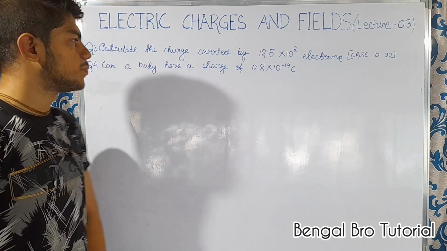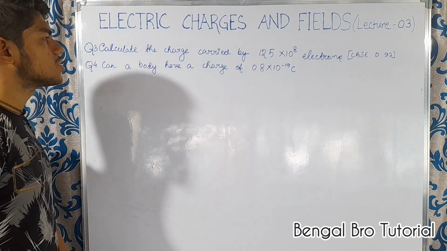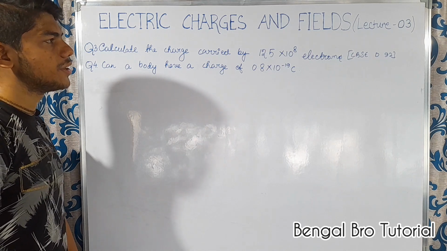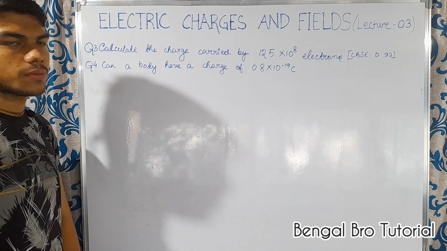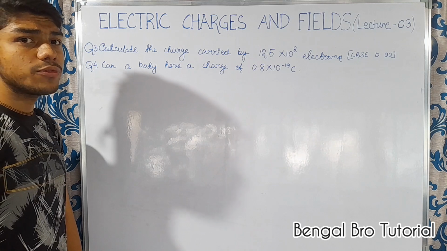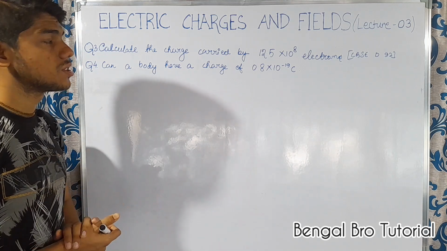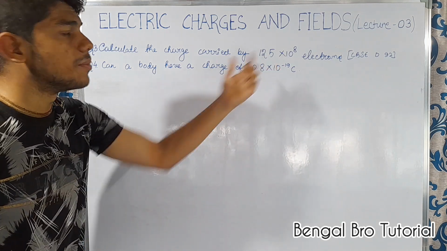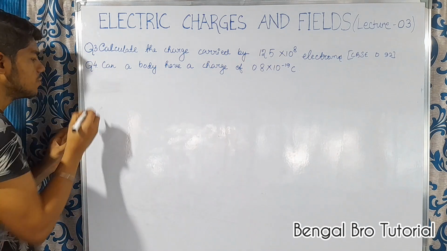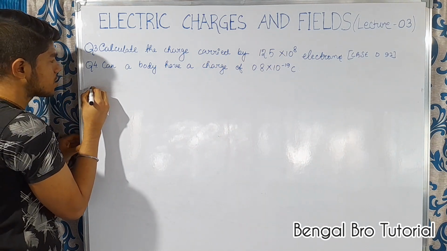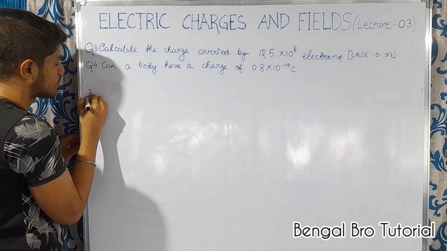Question number 3. Calculate the charge carried by 12.5 into 10 to the power 8 electrons. In this question, we have to find the total charge which is carried by this number of electrons. Here we will use the property of charge called quantization.